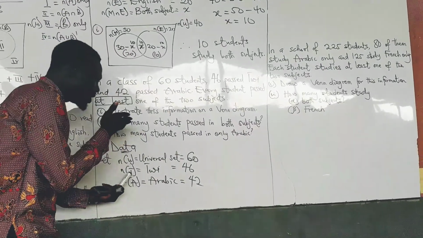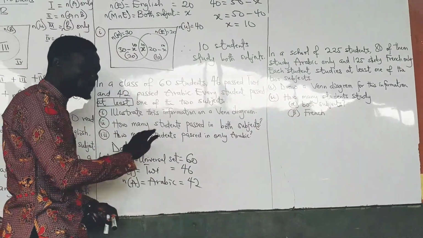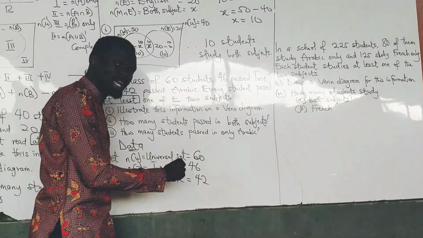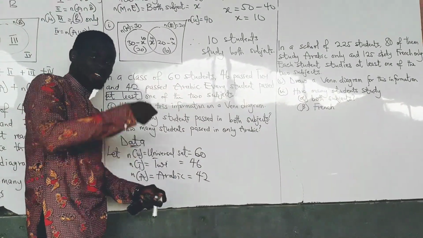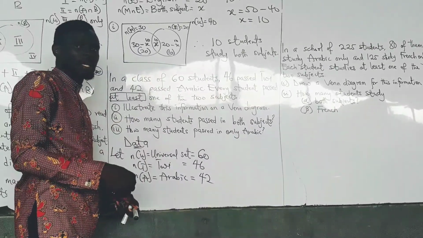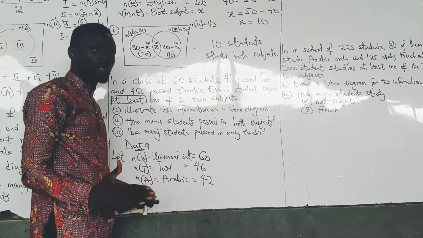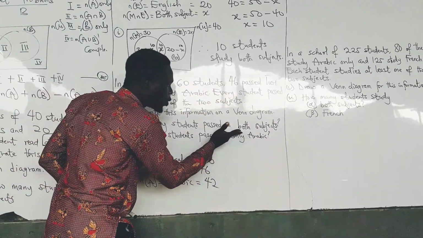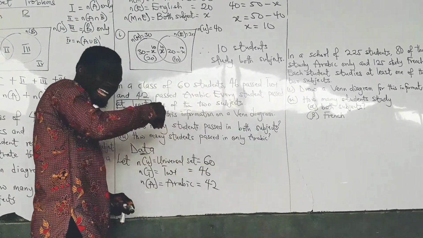Now with this one, since they've not mentioned only, definitely there are some of the students that pass in P and at the same time pass in Arabic. So we call them the intersection. And even from the question, we have to calculate for both subjects, which is the intersection.